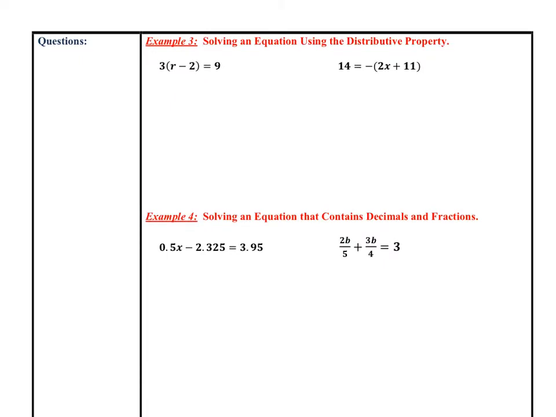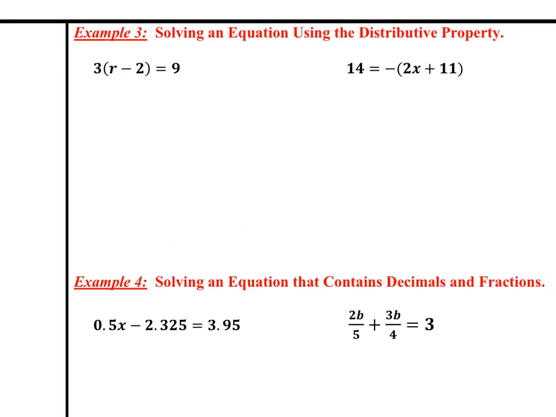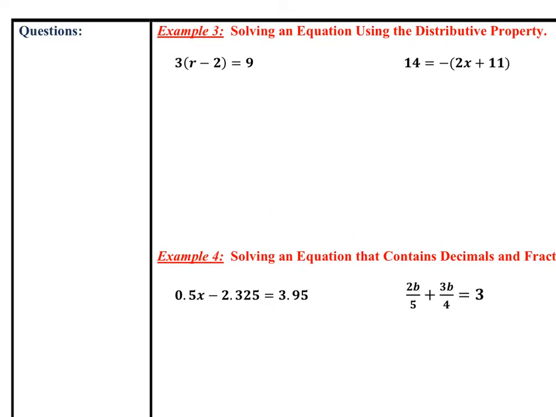On this side, we are going to do some questions that it says to use the distributive property. So if we have questions to combine like terms or distribute, we will again do that first before we undo. So I will distribute this 3 first.